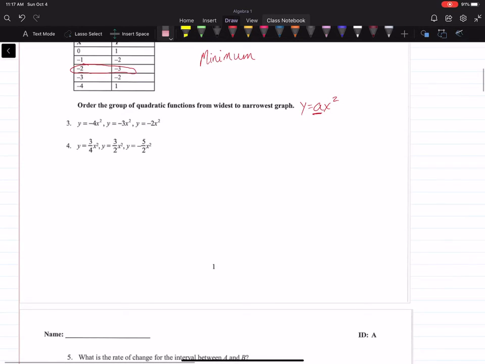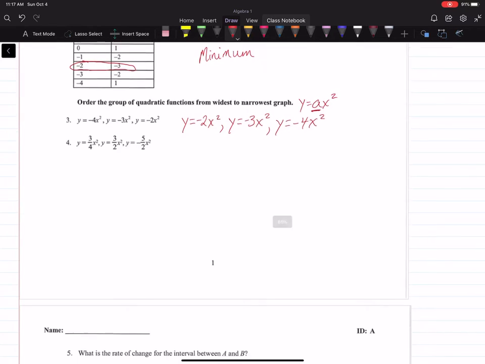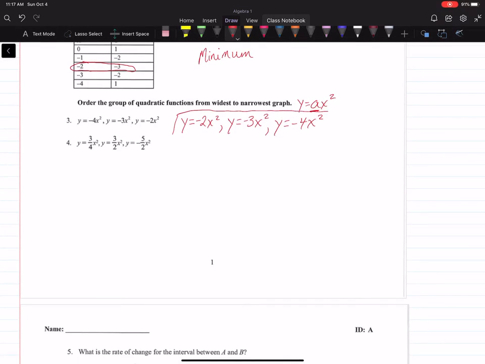In this one, our answer would be y equals -2x squared, and then the next biggest would be y equals -3x squared, and finally the next one would be y equals -4x squared. And remember, the negative doesn't have anything to do with that. We're just talking about the numbers that are a. The negative is what reflects it. It doesn't have anything to do with it being narrow or wide.